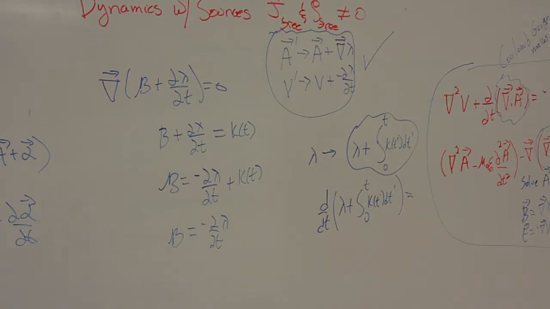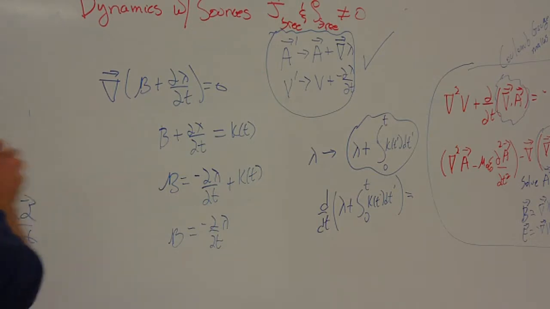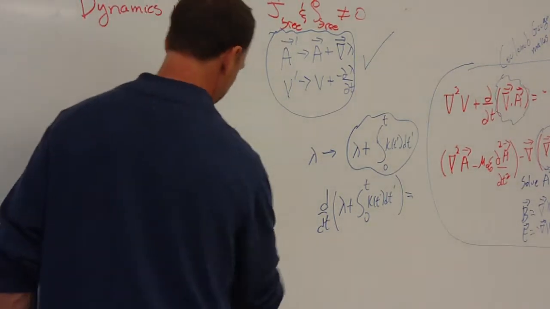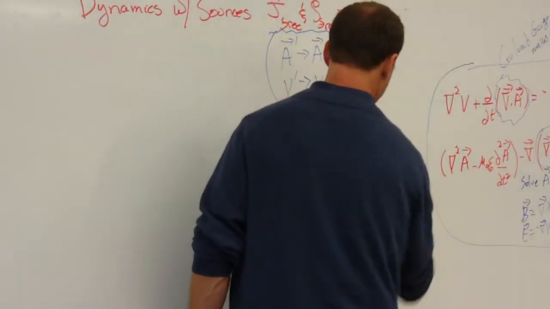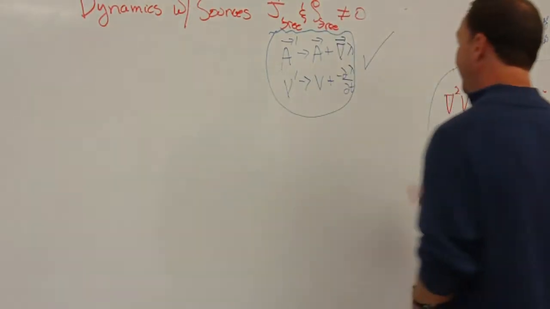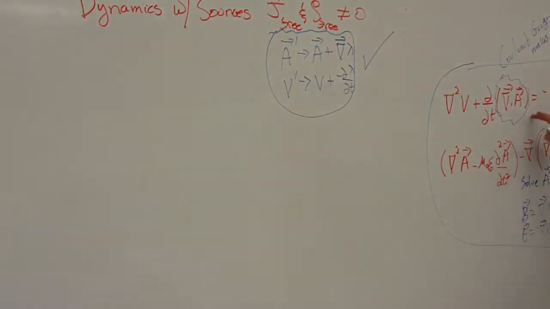Okay, so now what we're going to do is we're going to use that flexibility to be able to add this thing to make this thing 0.